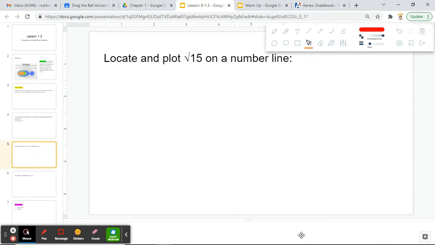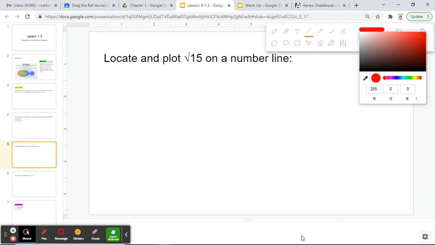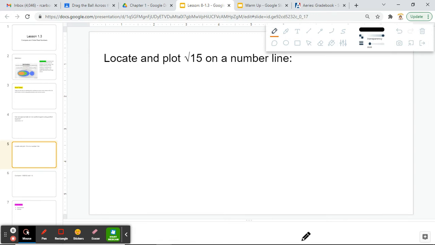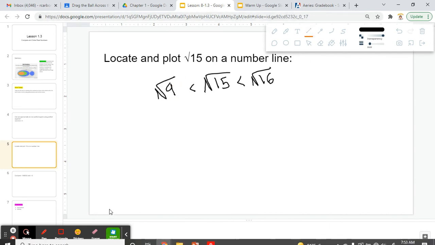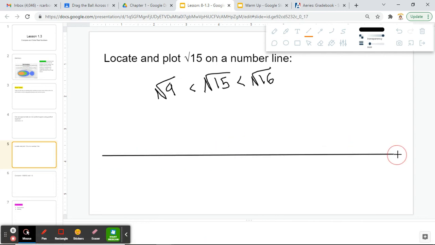All right, we want to locate and plot the square root of 15 on a number line. To start, let's do some approximations. We know the square root of 15 is going to be less than the square root of 16, because that's a number 1 larger than it. We also know that it has to be greater than the square root of 9, because 15 is larger than 9. On a number line, the square root of 9 is equal to 3 and the square root of 16 is equal to 4.